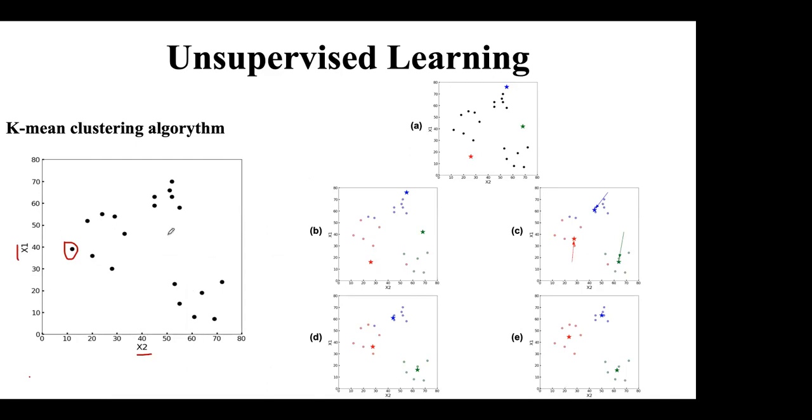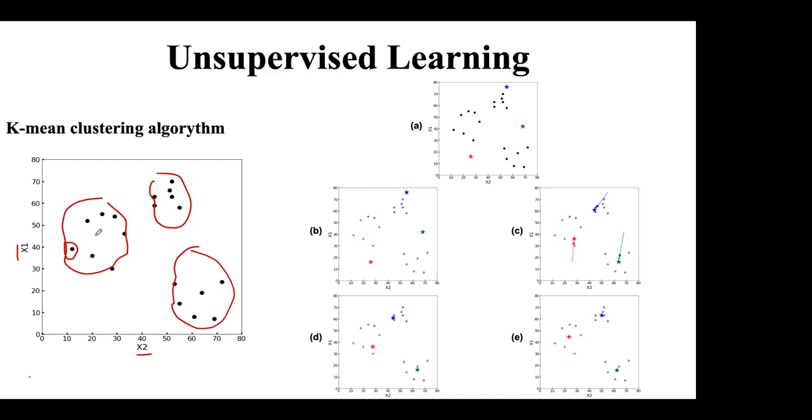Now I'm going to group these 20 examples into 3 groups. I'm going to say this belongs to this one, this belongs to this one, and this belongs to this one. For simplicity, I made it obvious just by looking at it, but in some cases it's not really obvious. This is just for educational purposes.